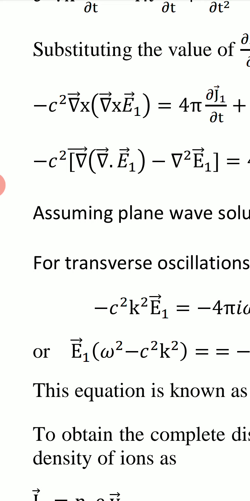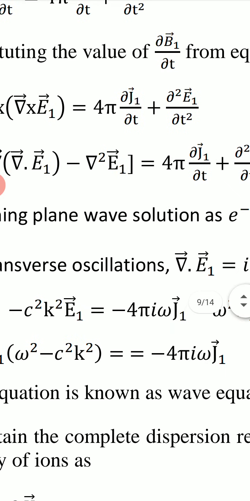Then the next term is minus (A dot B) times C. So we have minus A dot B as del dot del, that is del square, and times C, that is E1 vector. So del cross (del cross E1) can be written as del of (del vector dot E1 vector) minus del square E1 vector.